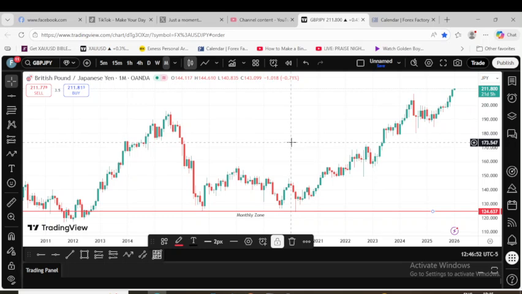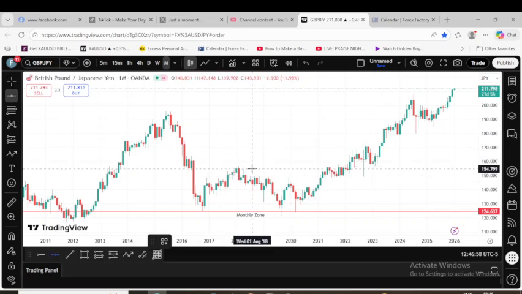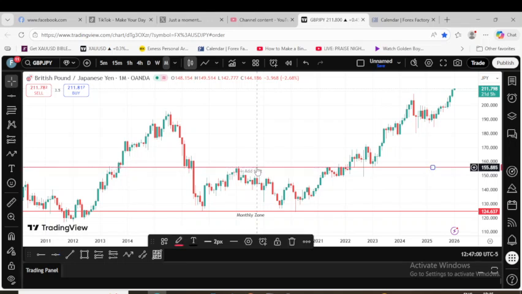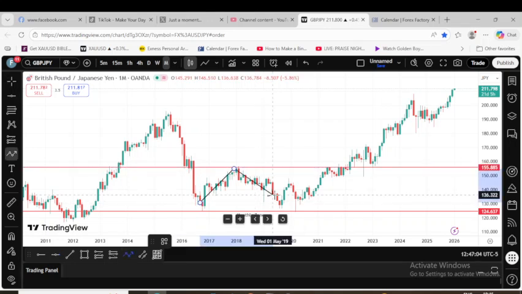It's not very clear. We have a zone here. You can see the price bounced off it the first time, bounced off it the second time, and then came back to retest it twice. That makes this zone a valid zone.